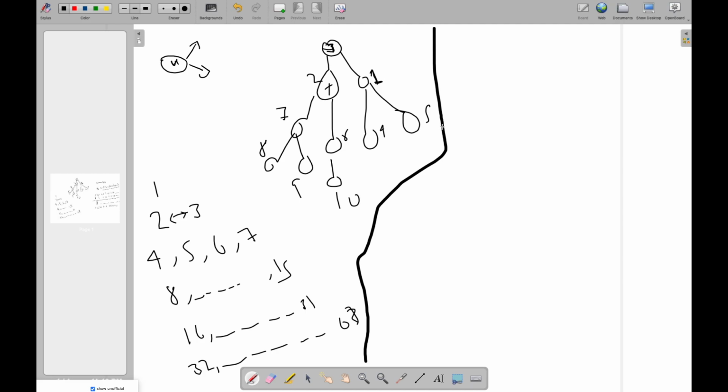So what that means is, if we are at, let's say, 6, then whatever its adjacent values are, they should not be 4, 5 or 7. Similarly, for 10, 8, 9, 11, 12, 13, 14, 15 should not be adjacent to it.